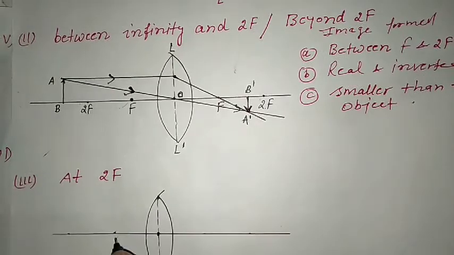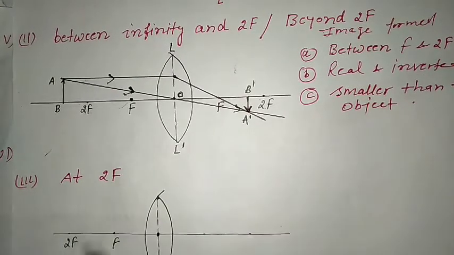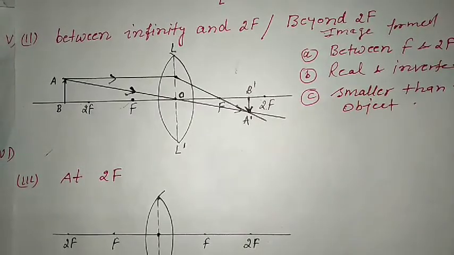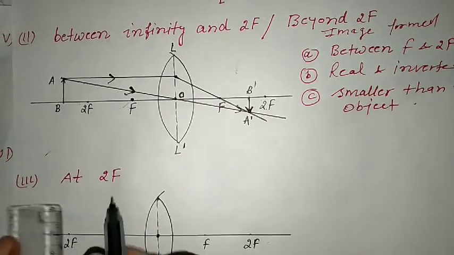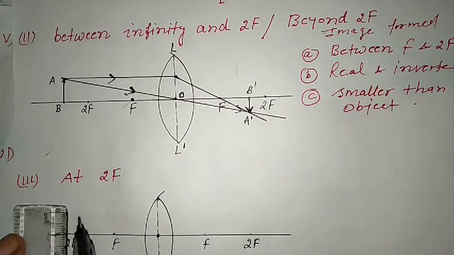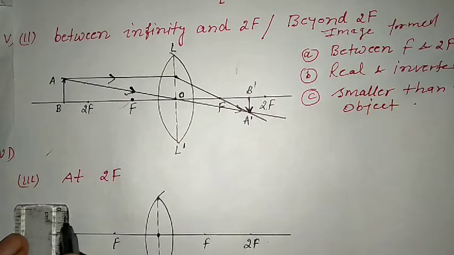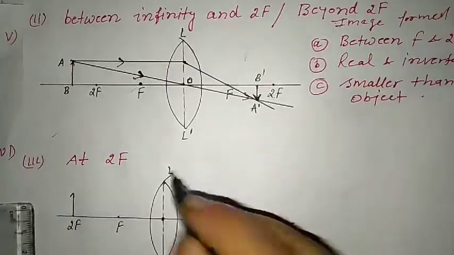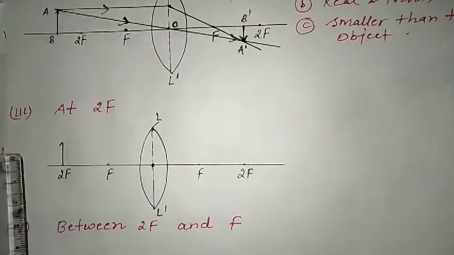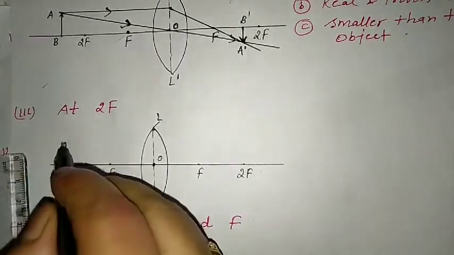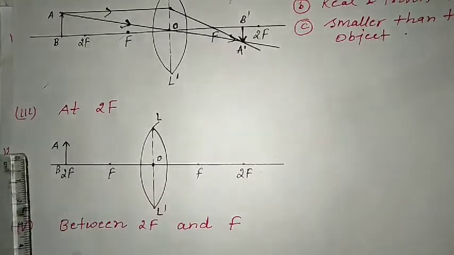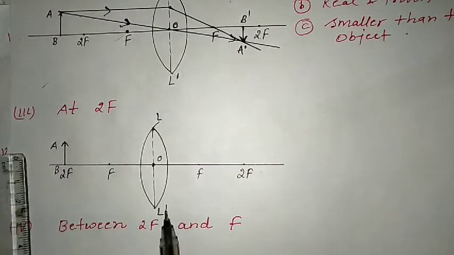So this side F, 2F, F dash and 2F dash we can take, or F, 2F we can write. The object is placed at 2F. This is L dash, this is the optical center. The object is placed here, this is A and this one is B. The object is placed at 2F only.